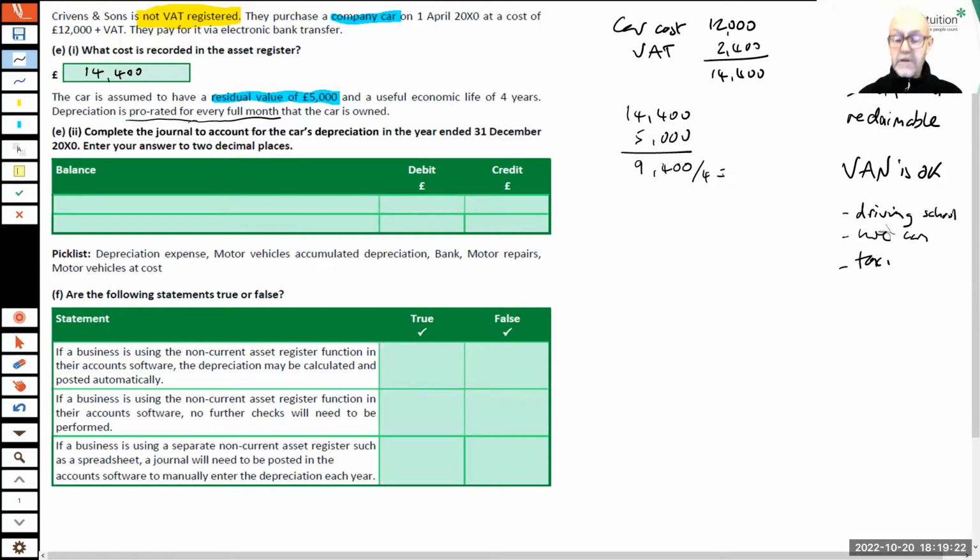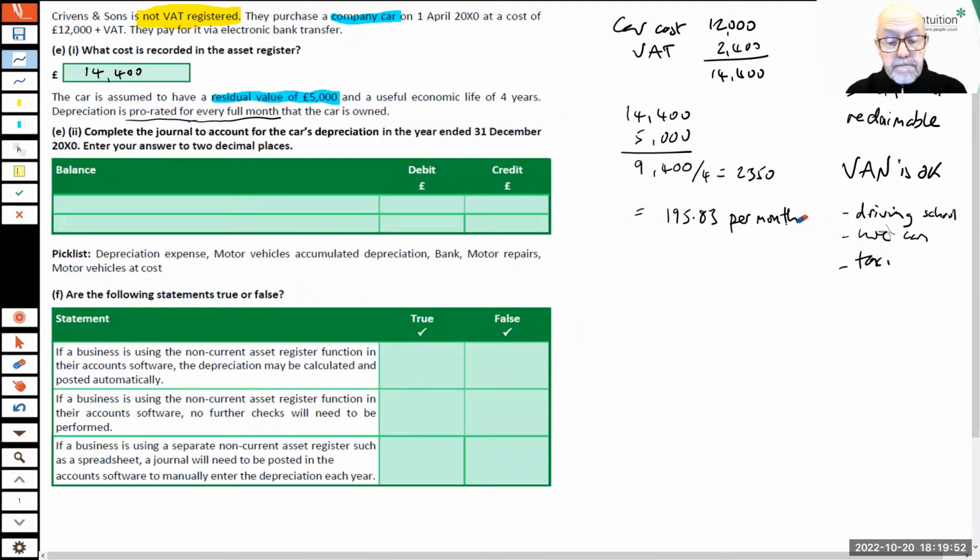Excellent. Yep. Well done, Sarah. Each year, 2,350. Now that's not a very friendly figure. Which means divided by 12, we're going to get into a bit of rounding here. 195.83 a month.